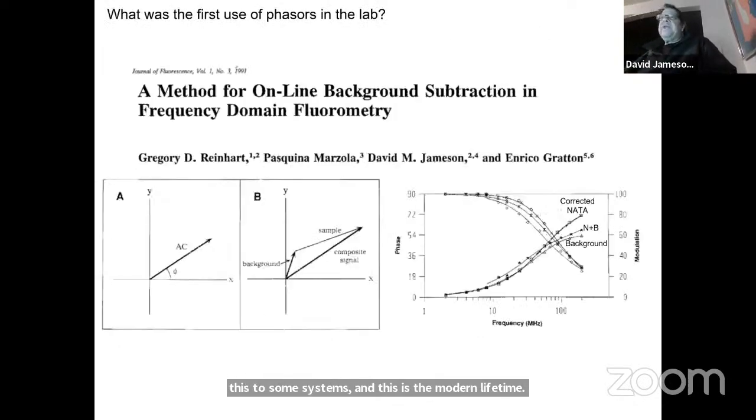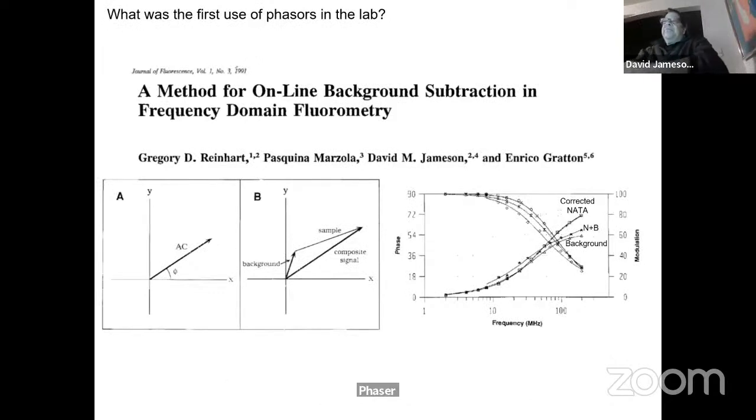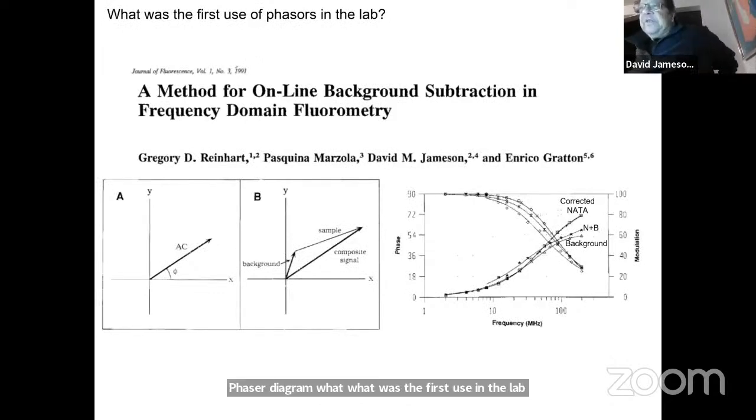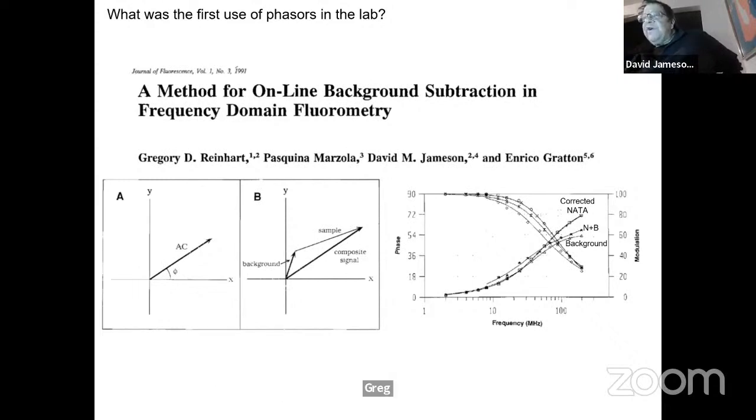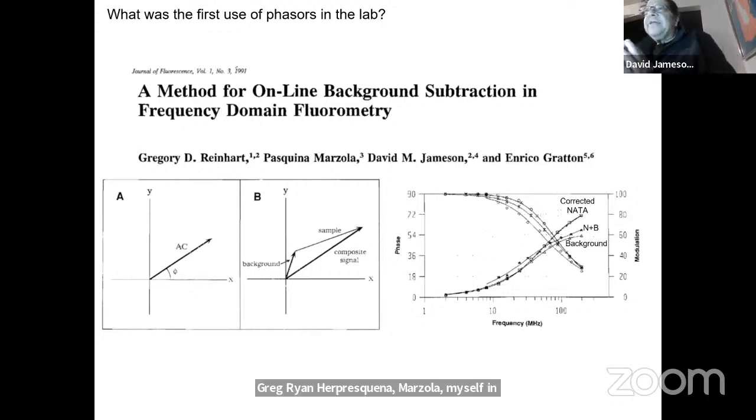What was the first use in the lab? Well, one of the first uses we actually put it to was to do online background subtraction. Now, let me put this in context. There was a paper with Greg Reinhardt, Pasquina, Marzola, myself, and Enrico. And the idea was this: back in the early 80s, and in the 80s and the 90s, there was a lot of controversy about what's better, time domain or frequency domain.